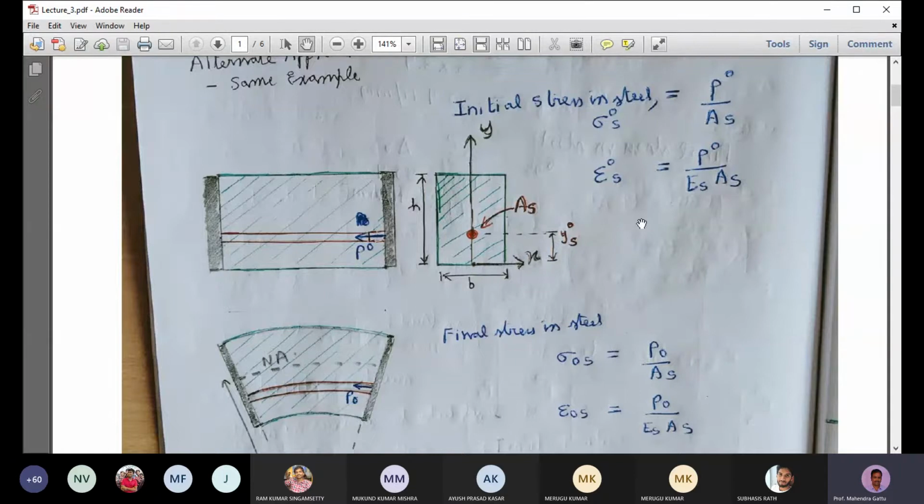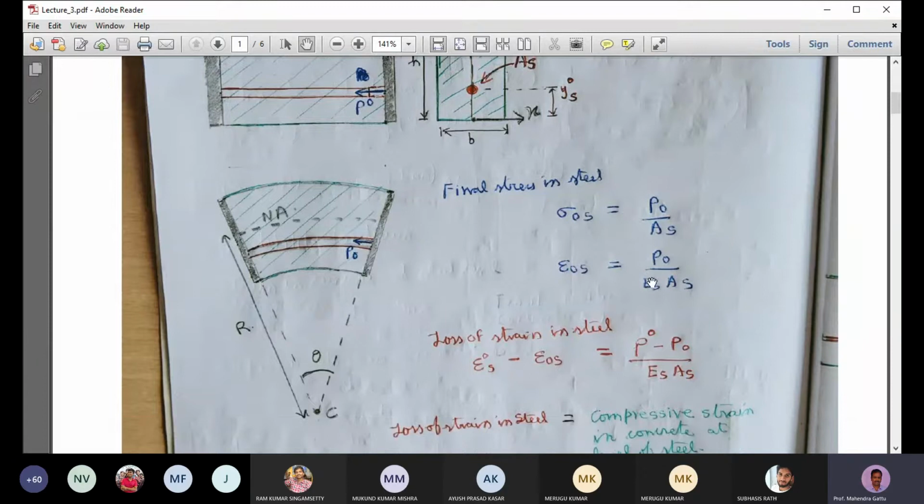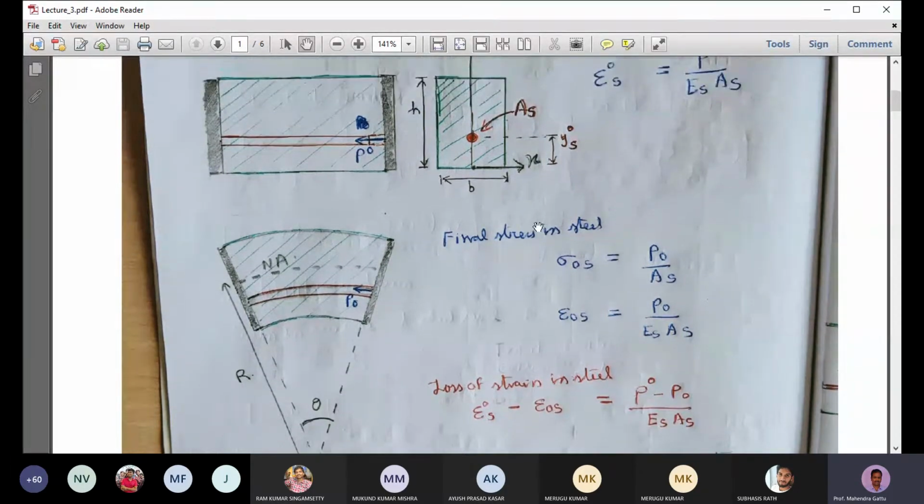So what happens after deformation? After deformation, the tendon is bent, and the force in the tendon is P subscript naught. So the final stress in the steel is P subscript naught by A_s, and the strain will be P subscript naught by E_s A_s. What is happening here?